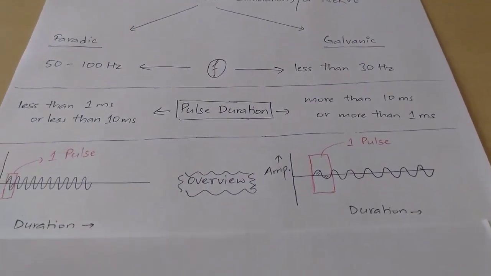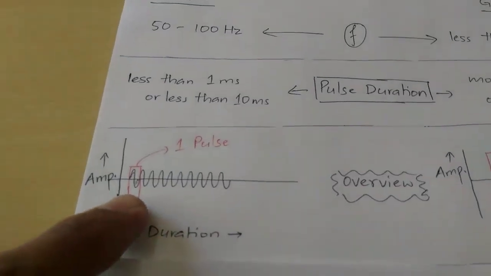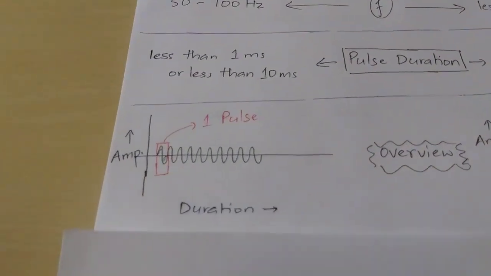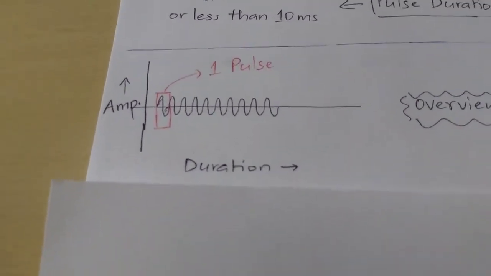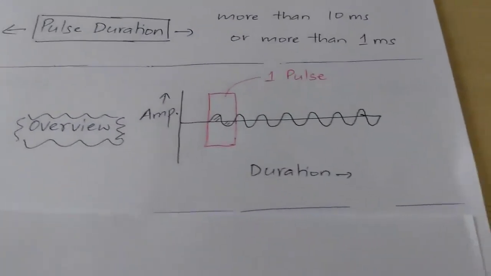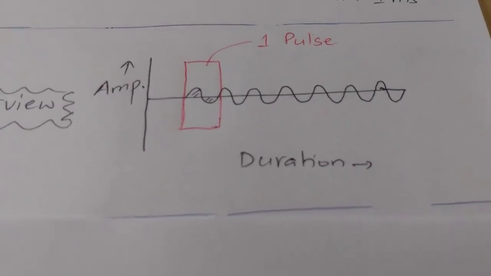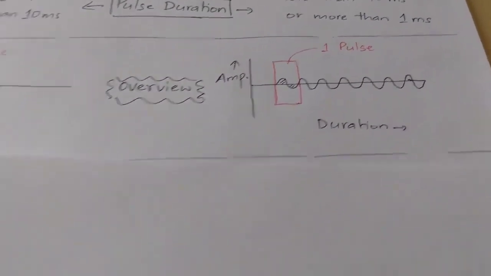Now when we see the overview of it, we can see so many waves or cycles in Faradic. It's because the frequency is high, so more cycles get accommodated in 1 second. And if we see the relaxed pattern of galvanic current, we can see fewer waves accommodated in 1 second.